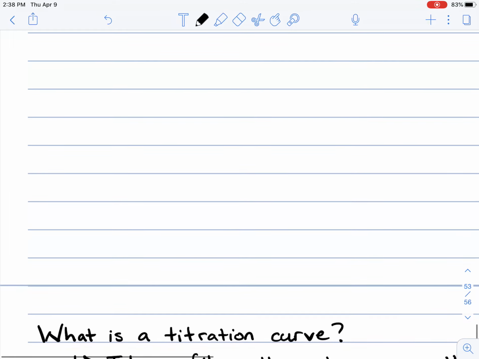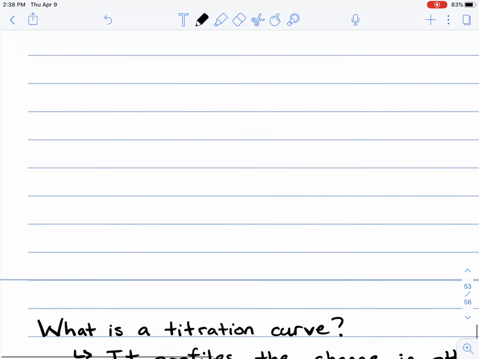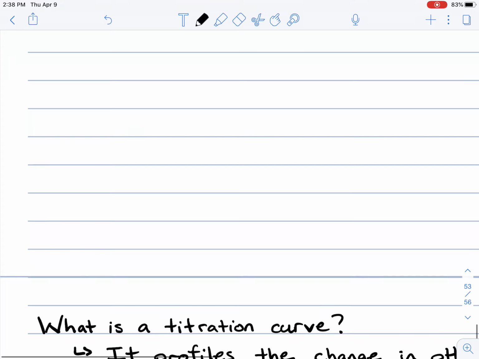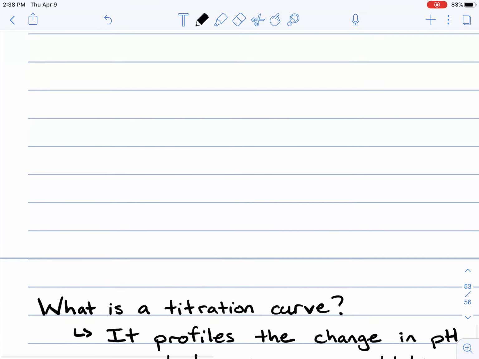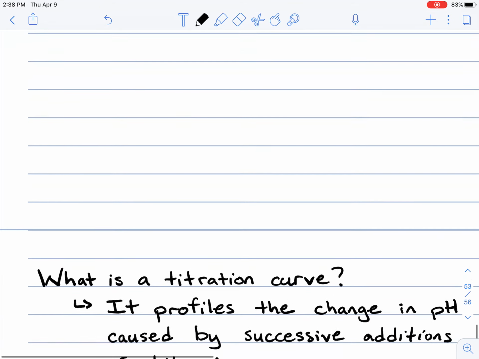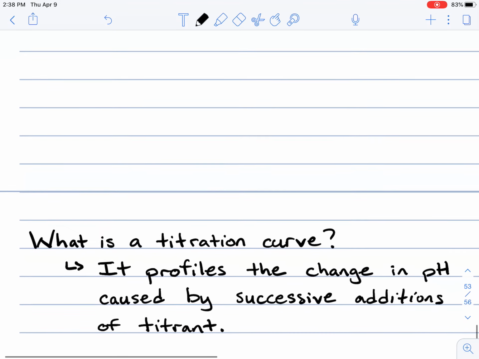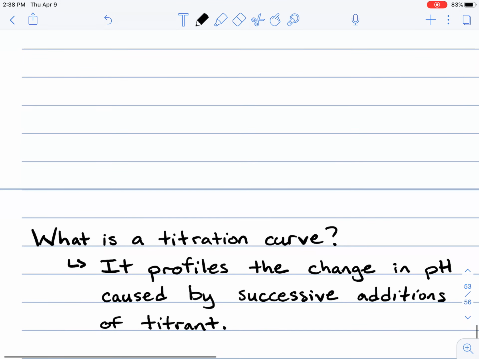Okay. Now, the main focus of this lecture series for Chem 115 is to build or create a titration curve. And so for us to further this topic, we need to address what a titration curve is.